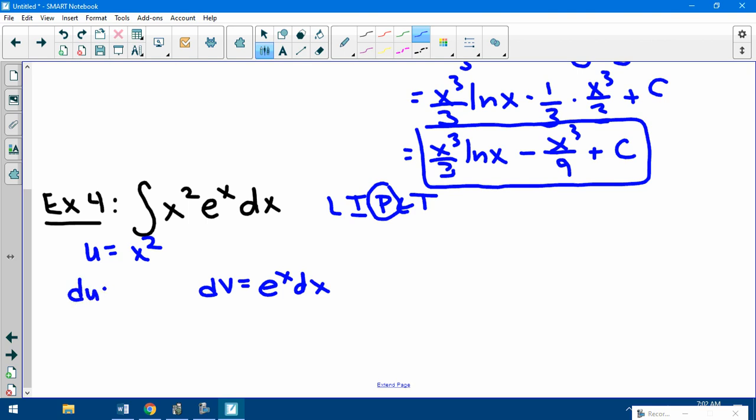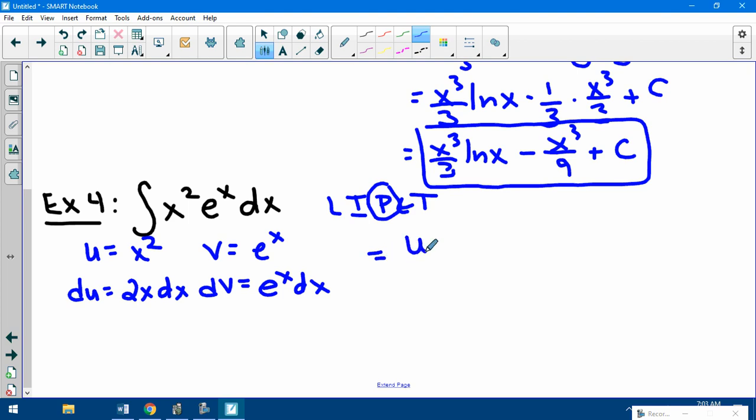Take the derivative of u, the derivative of x squared, 2x dx. What's v going to be? Well, it's easy. The antiderivative of e to the x is e to the x.